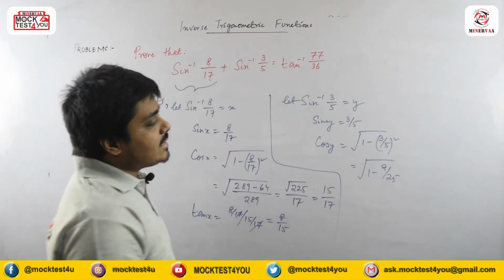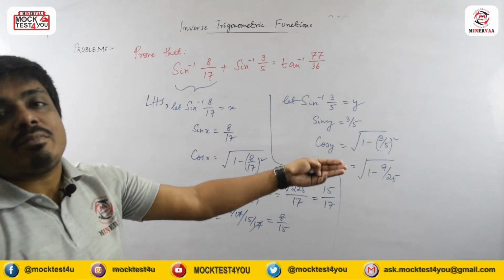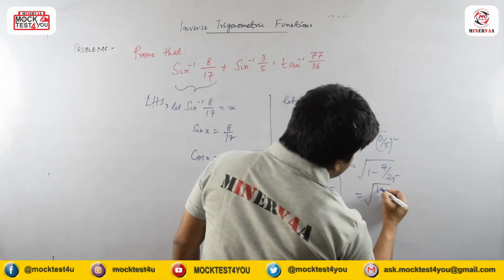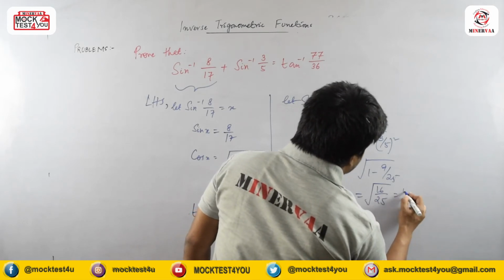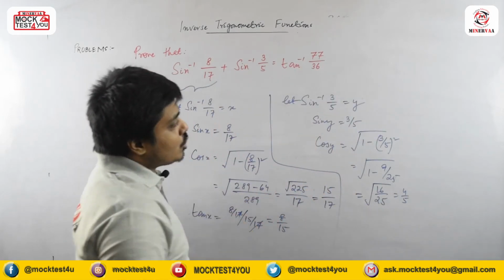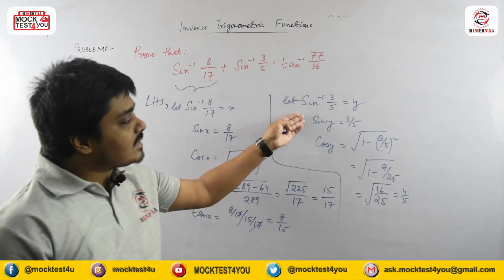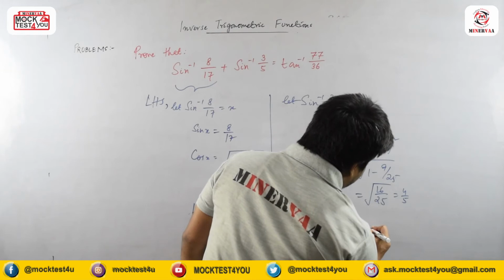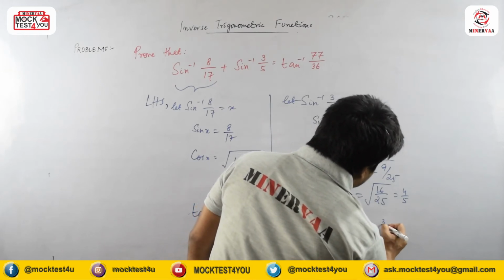If I take the LCM, we get 25 minus 9, that is 16, square root of 16 by 25, and that gives us 4 by 5. So tan y is nothing but sin y by cos y, so that is 3 by 4.